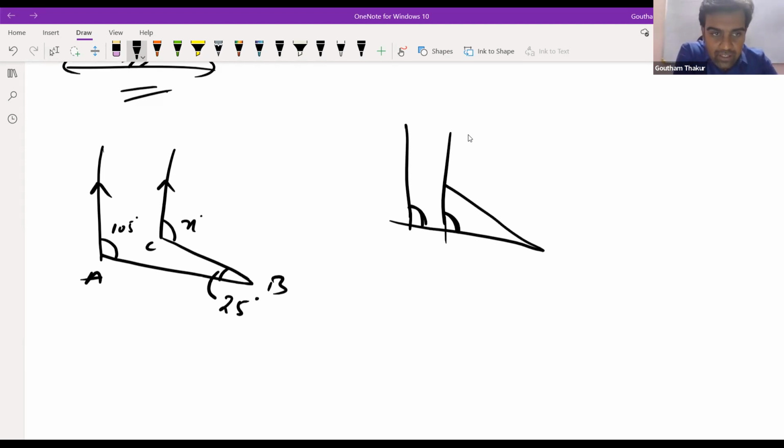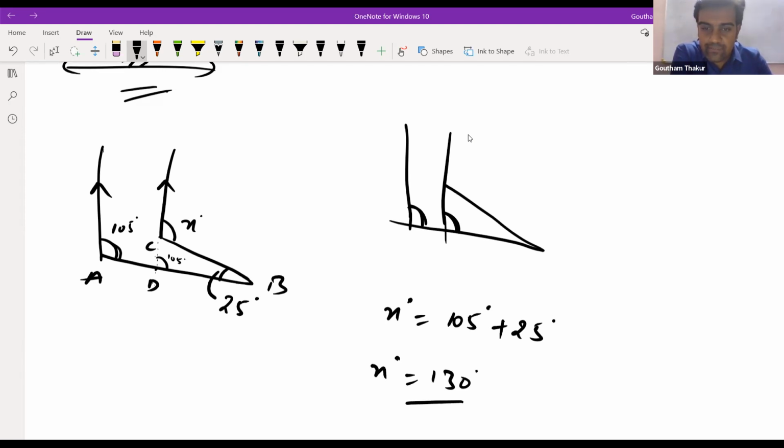So if I draw a construction here, these two angles will be 105. Now again, a triangle has been formed. Let me name the newly constructed point D. So this angle will be 105. Now again, exterior angle property: X degrees is equal to 105 degrees plus 25 degrees, that is 130.